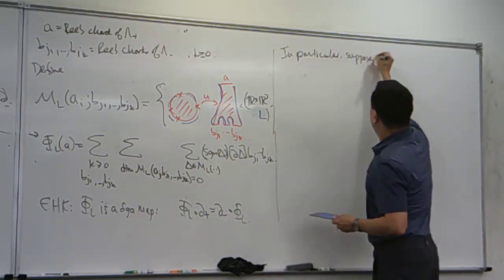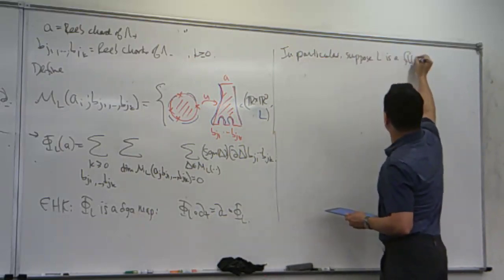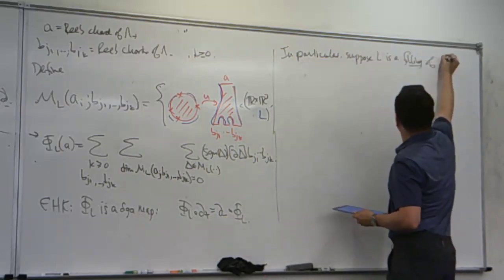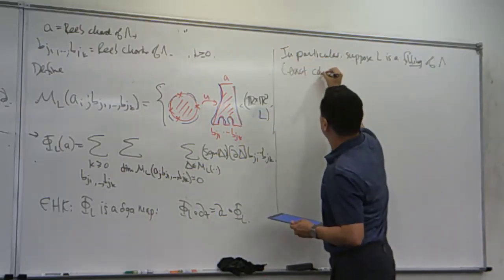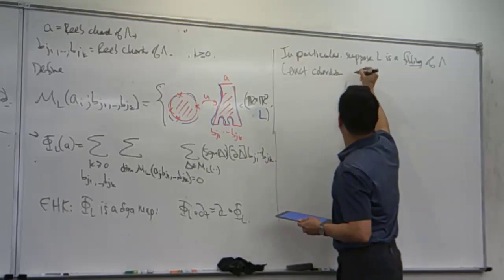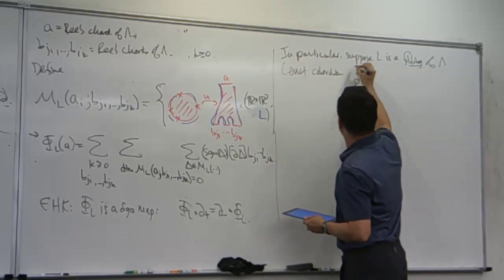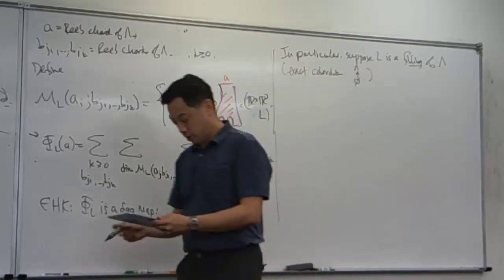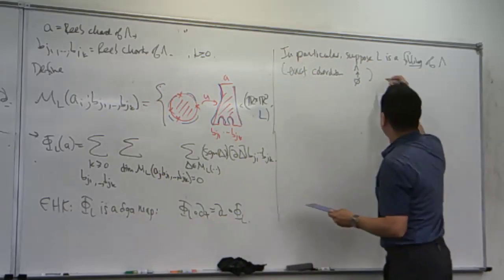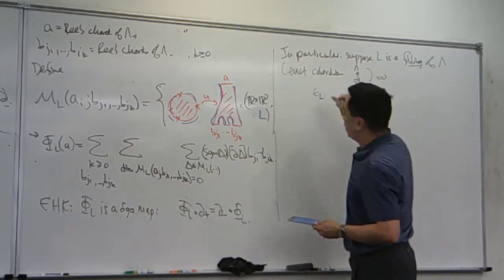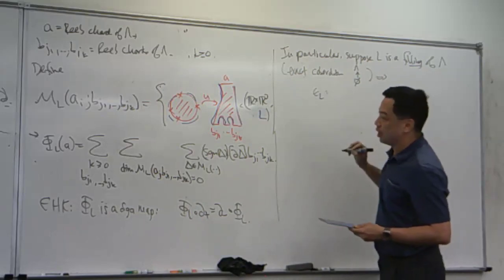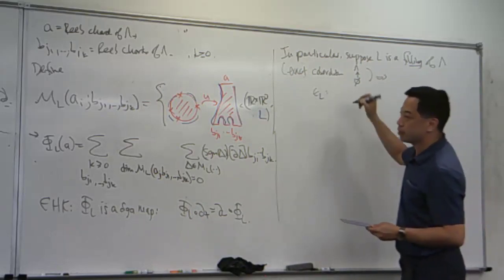Suppose L is a filling of lambda, so that's just an exact Lagrangian cobordism from the empty set to lambda. Then what we get out of this picture is a map, which usually we write with epsilon, and we'll see why in a second.